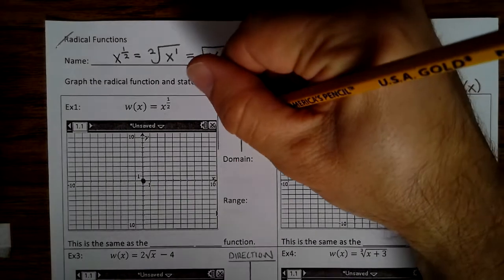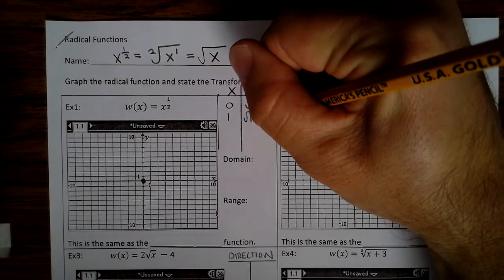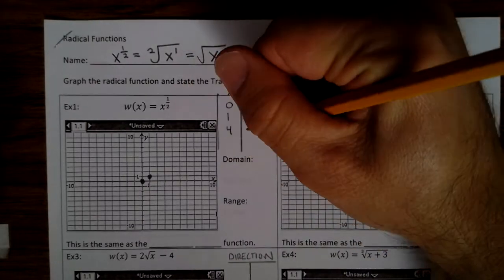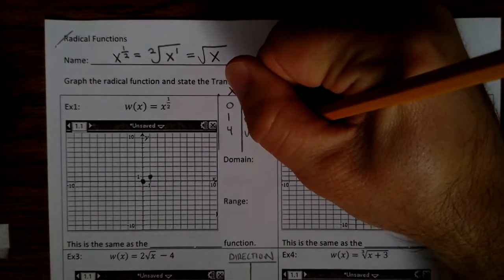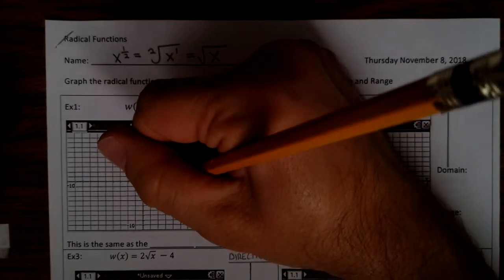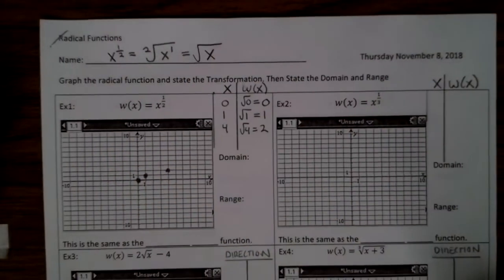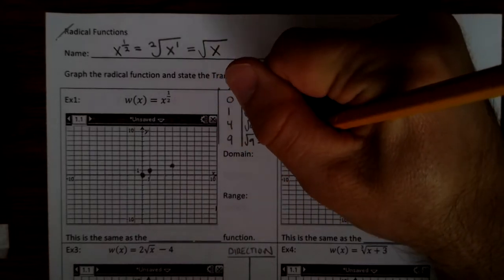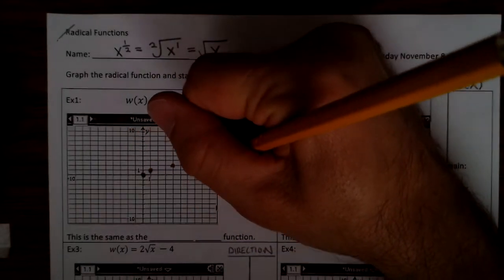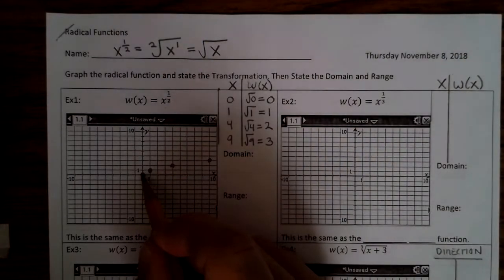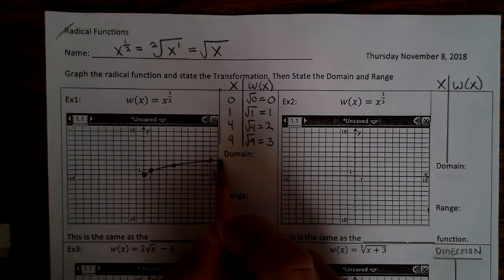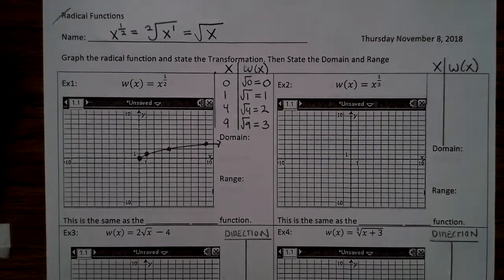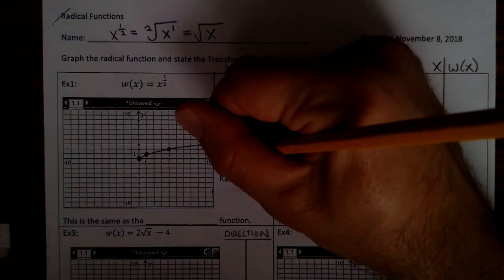Then 1: the square root of 1 equals 1, so 1, 1. The square root of 4 is 2, so 4, 2. And then 9: the square root of 9 is 3, so 9, 3. Now the domain is bracket 0 to infinity.